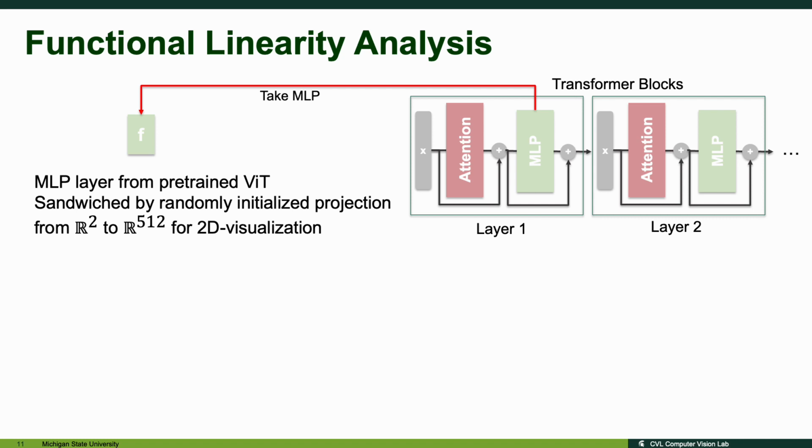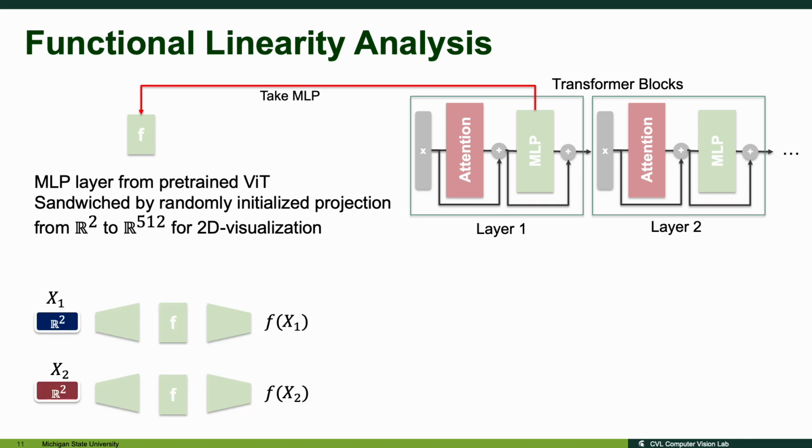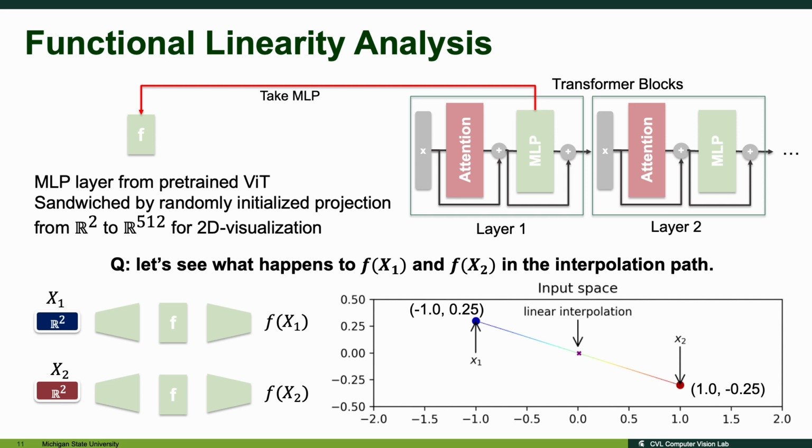More specifically, let's consider f as the actual MLP for a pre-trained vision transformer. For easier visualization, we sandwich the MLP layer with linear layers that project the feature into two dimensions. Our goal is to graphically represent the path of linear interpolation between x1 and x2 and observe how it transforms under the function f.